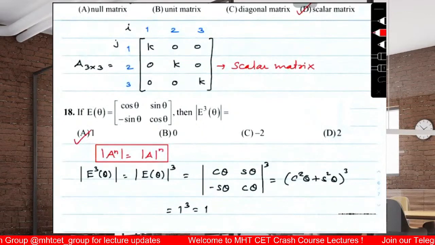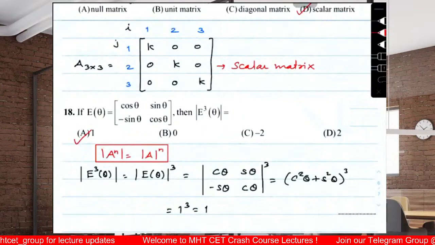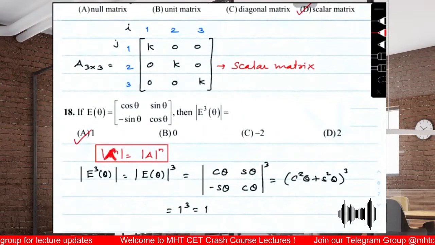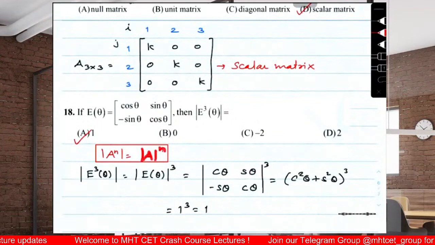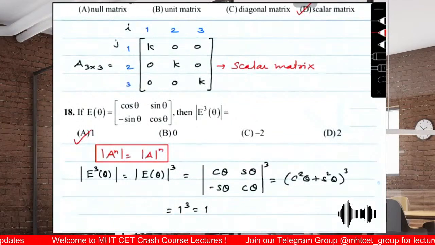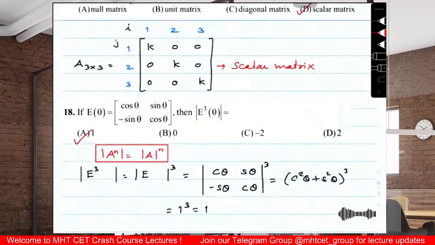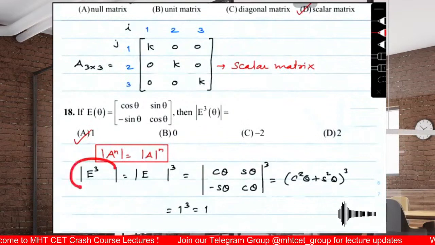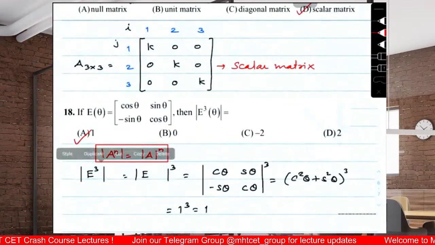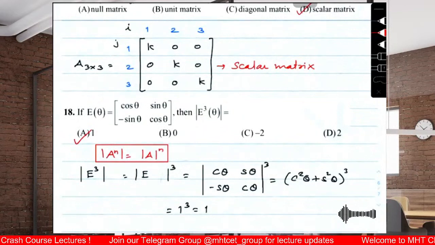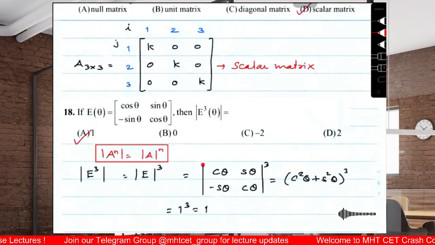नहीं समझा? ये तो फॉर्मूला है. A रेज टू n जो मैट्रिक्स है उसका डिटर्मिनेंट विल बी सेम एज डिटर्मिनेंट ऑफ A द होल रेज टू n. ठीक है, तो इसमें तो थीटा निकाल देगा, तो कंफ्यूज होता है तो थीटा छोड़ दे इसको. ठीक है, so if I remove theta here, determinant of E cube will be same as determinant of E the whole cube, right? Determinant of E find किया मैंने.